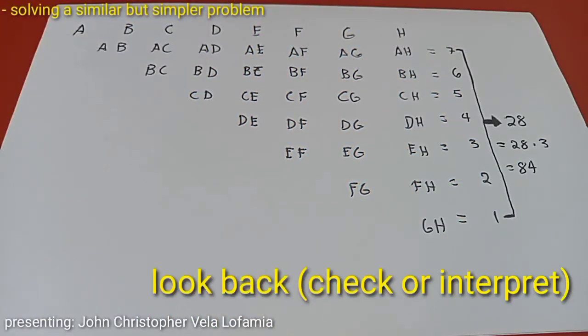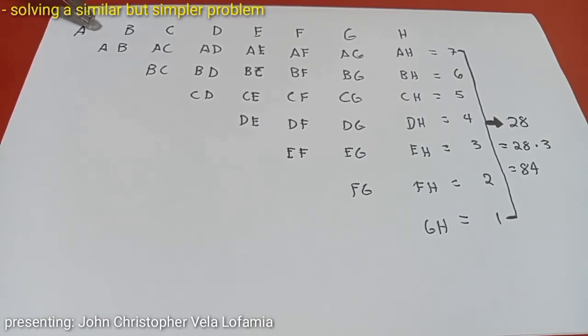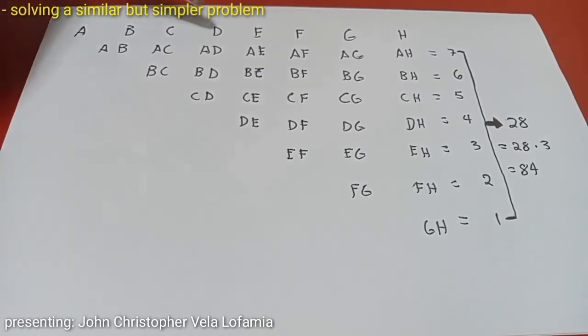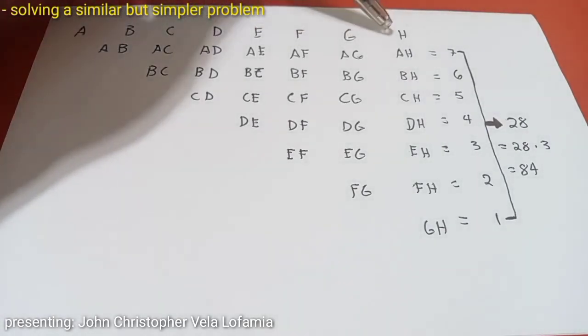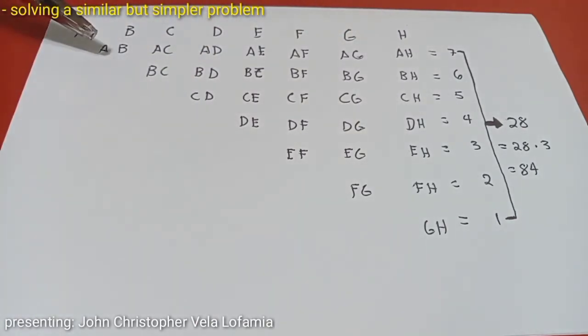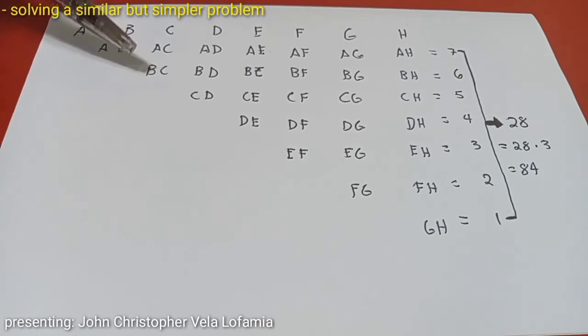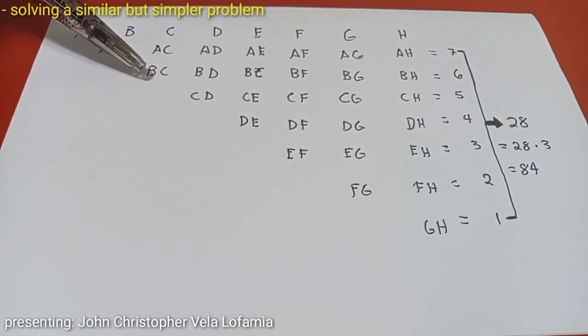To check or interpret our result, we can make an organized list to see if our answer is correct. So consider that these are the 8 teams A, B, C, D, E, F, G, and H. In the first row we have 7 games. In the second row we have 6 games.